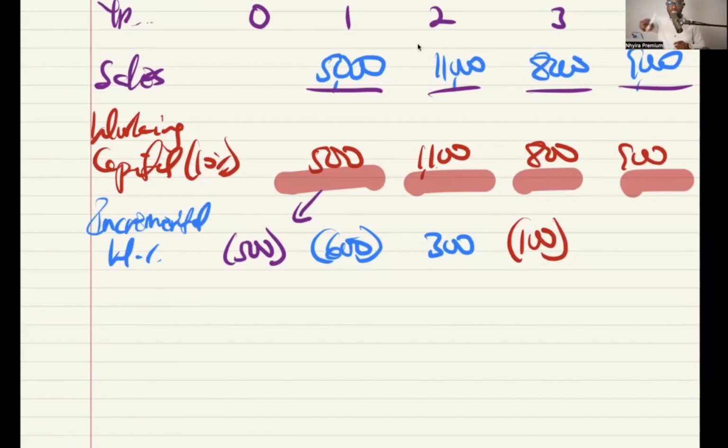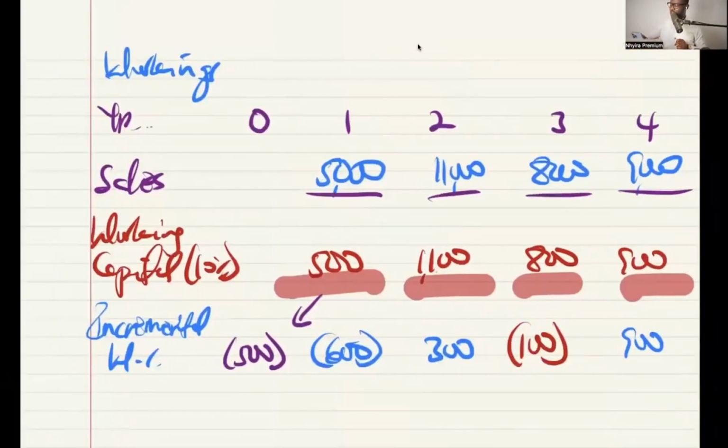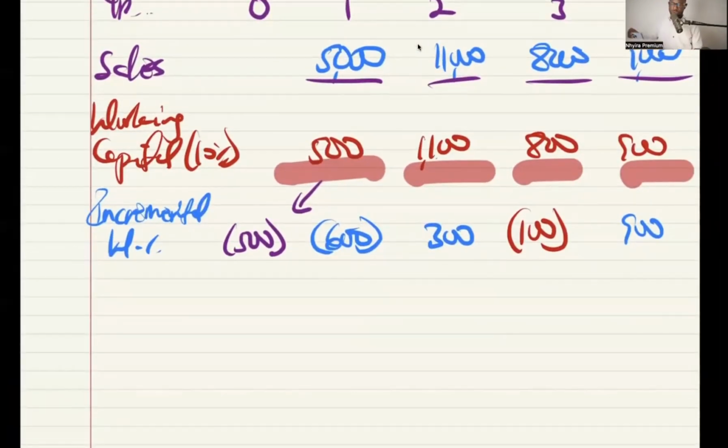Now, if you add that up arithmetically, it brings us an inflow of 900 at the end of the project, which goes back to the principle we stated, that all working capital outflows will be recorded as inflows at the end of the project. So now, if you add up arithmetically, negative 500, negative 600, plus 300, minus 100, it gives you negative 900.